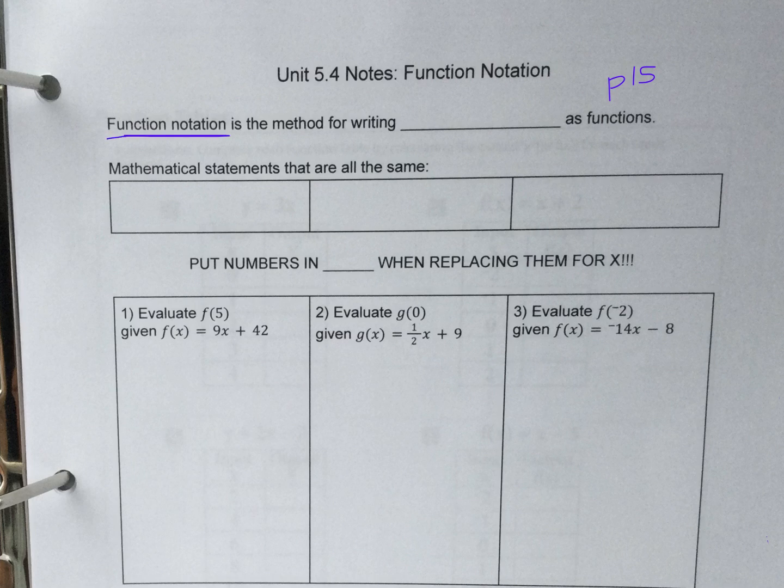It's the method of writing variables as functions. So I could just have a mathematical equation that says y equals 4x plus 2. It would be exactly the same if I wrote the function of x equals 4x plus 2.